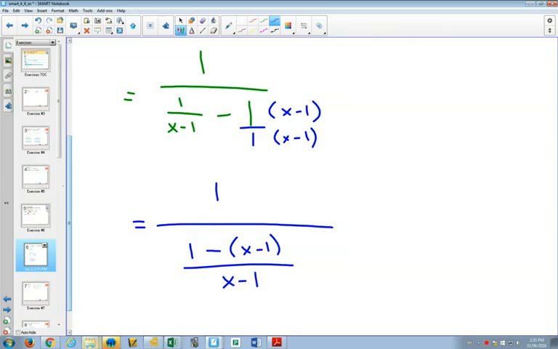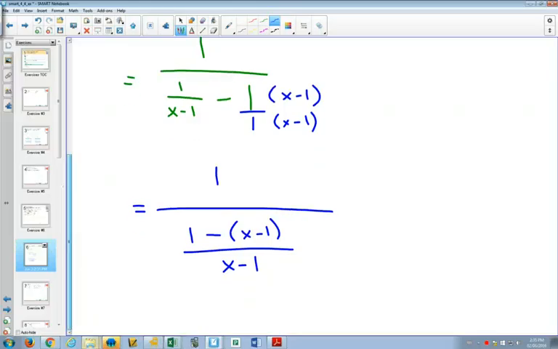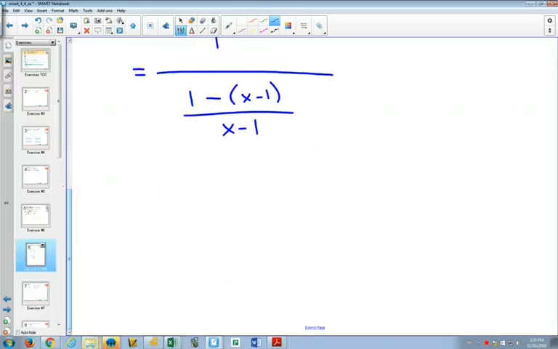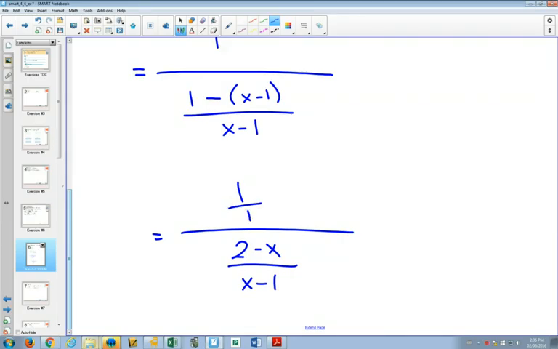Notice that I kept that x minus 1 in brackets because you're subtracting all of this, so that negative gets distributed to the x and to the 1. So this becomes 1 over 2 minus x over x minus 1. And the top you can think of as 1 over 1.